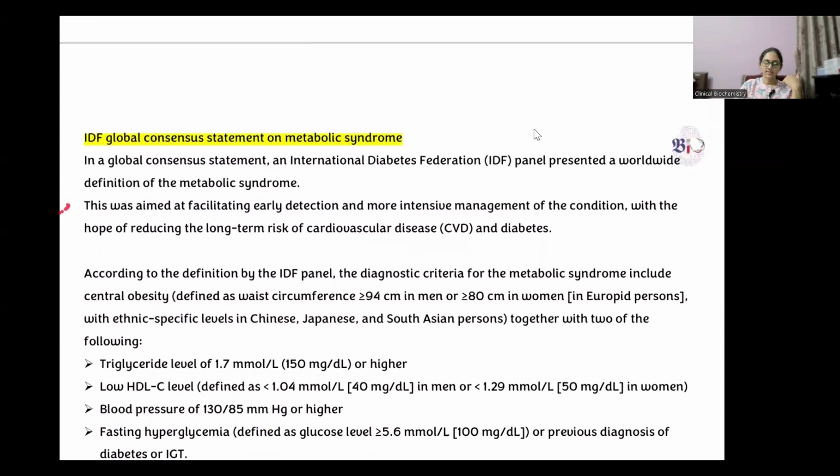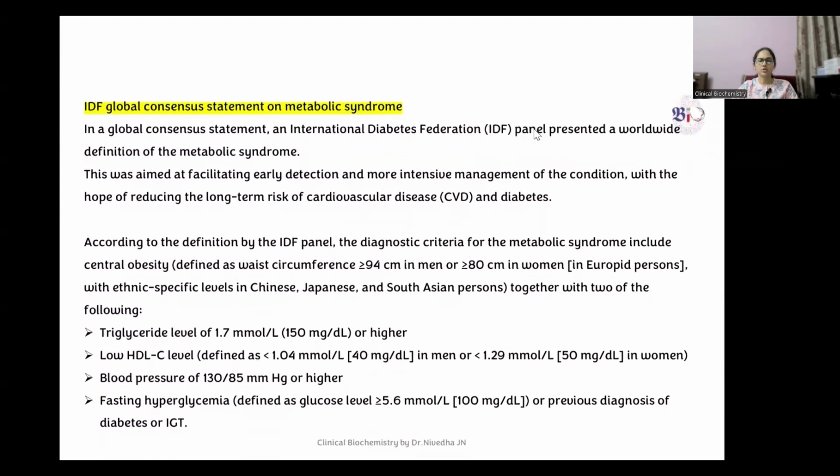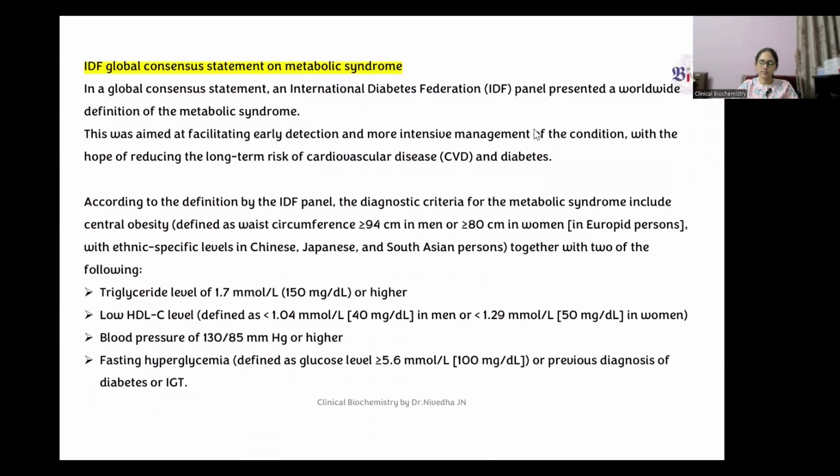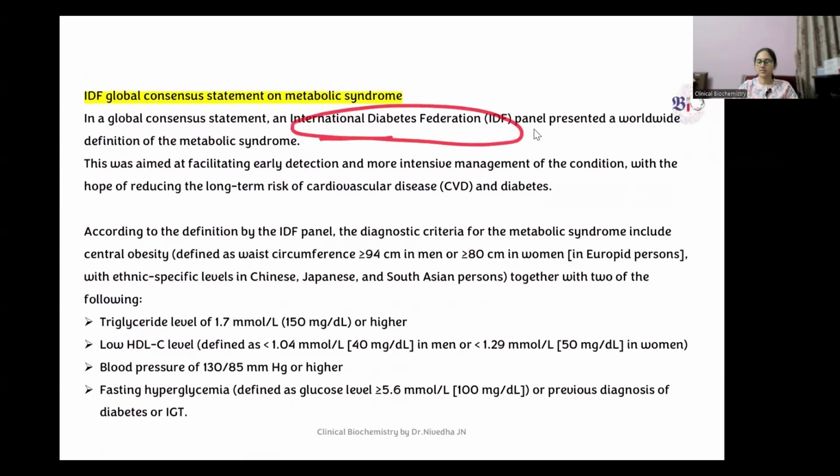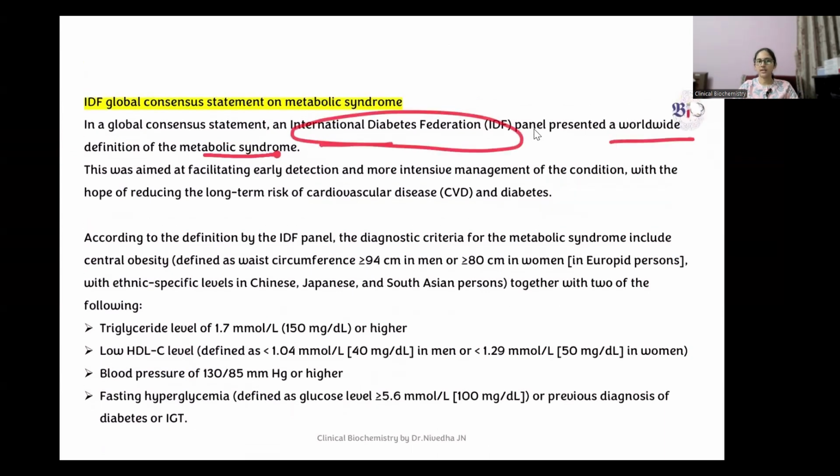Now you also have the IDF global consensus statement. The International Diabetes Federation has proposed criteria that have also been talked about much. They have given a worldwide definition of metabolic syndrome. They want to detect early and pick up patients so that they don't progress to cardiovascular disease or type 2 diabetes mellitus, and give intensive management to reduce the long term risk.